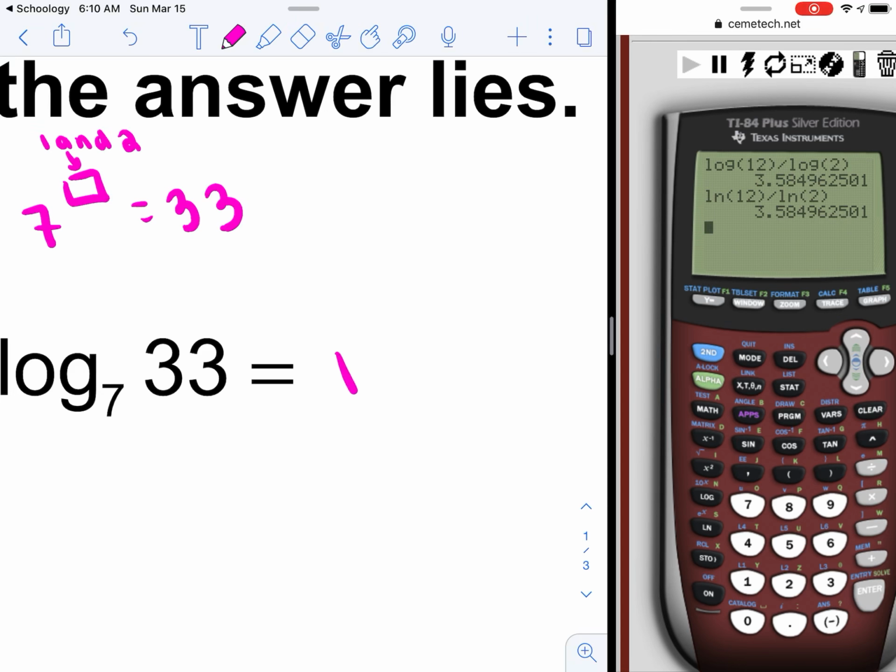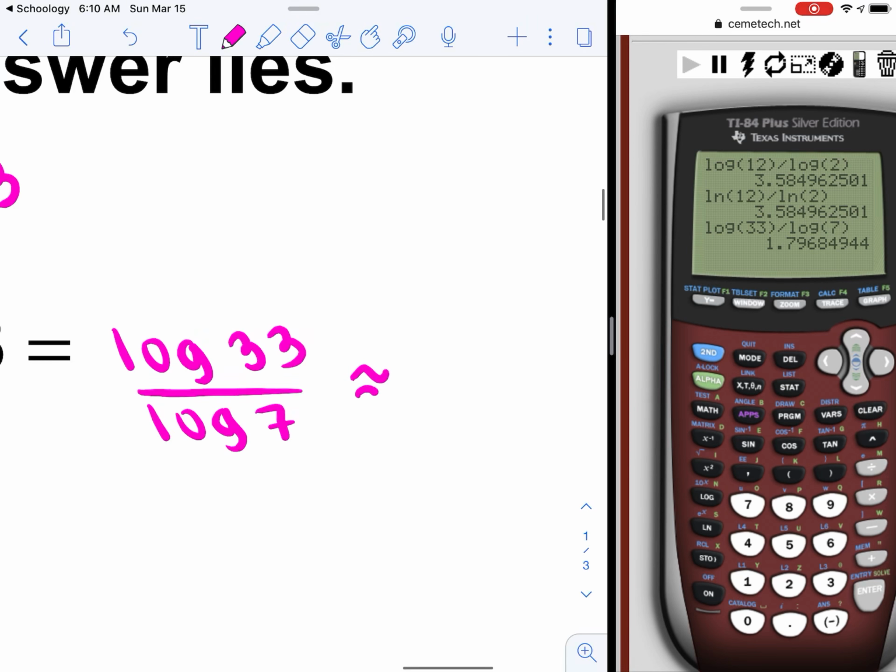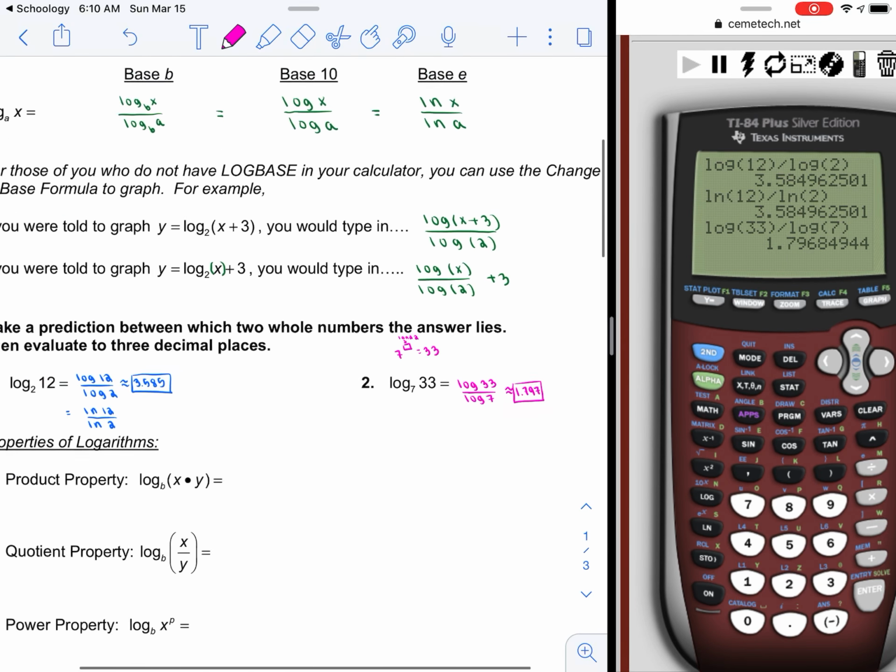And as I just said, we can confirm this on our calculator using this formula. We can see that log 33 divided by log 7 is approximately 1.797, which is between what we predicted.